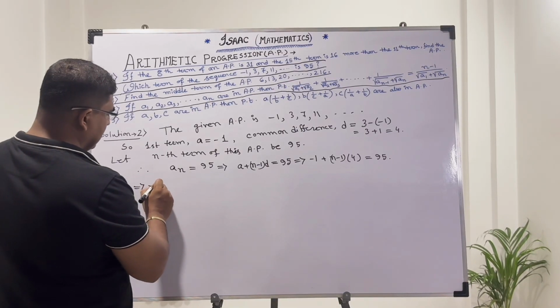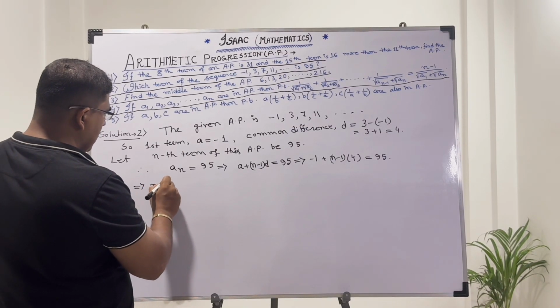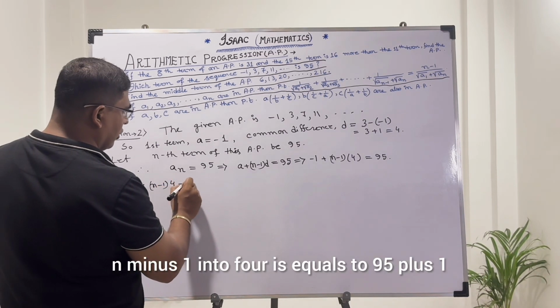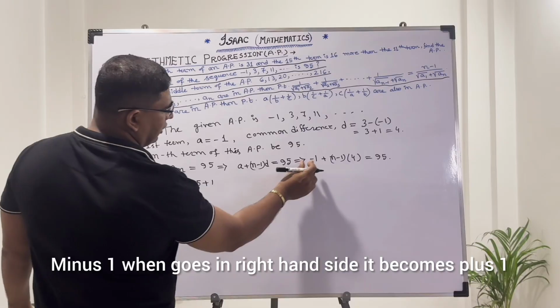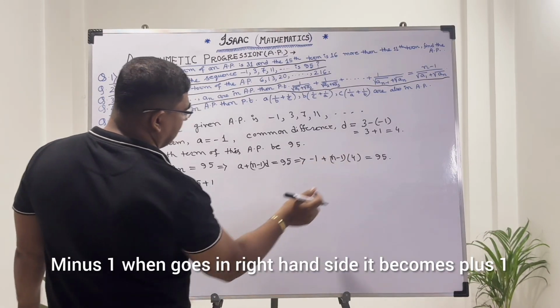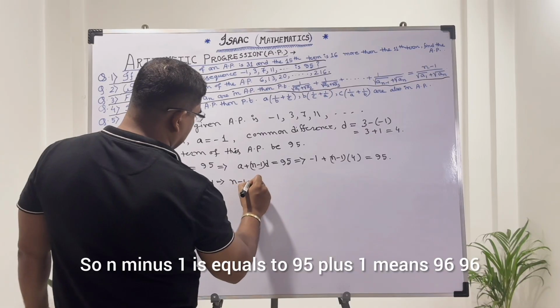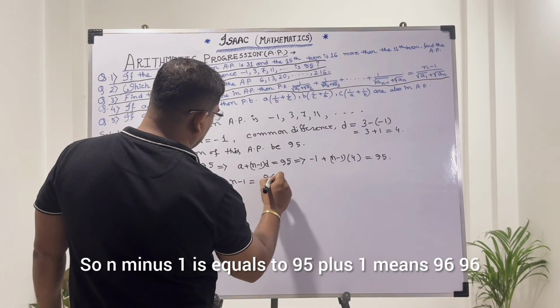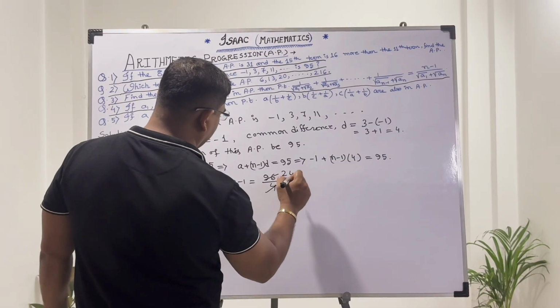Which implies (n minus 1) into 4 equals 95 plus 1. Minus 1, when it goes to the right hand side, becomes plus 1. So n minus 1 equals 95 plus 1, that is 96. 96 divided by 4 gives 24.